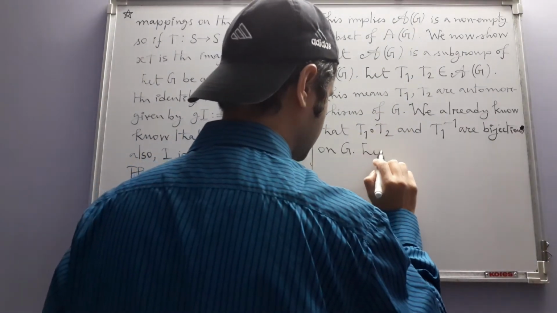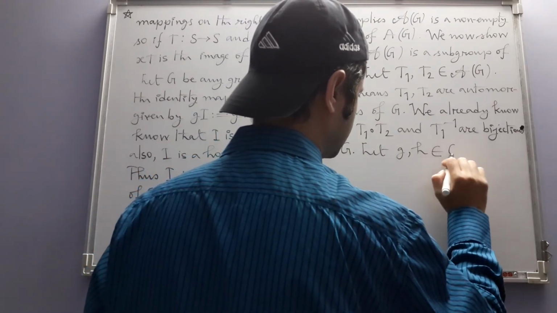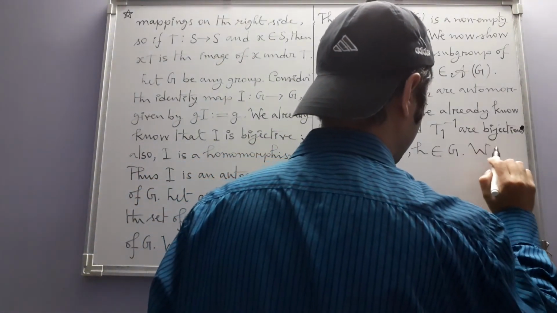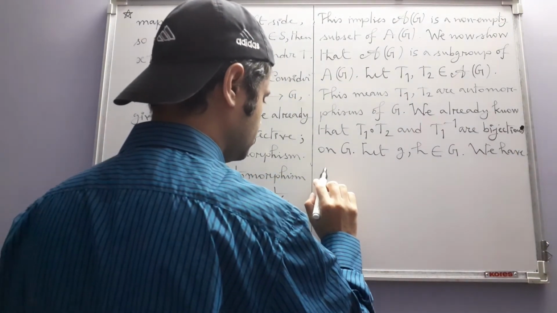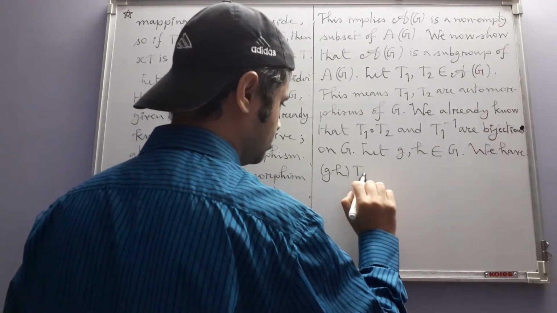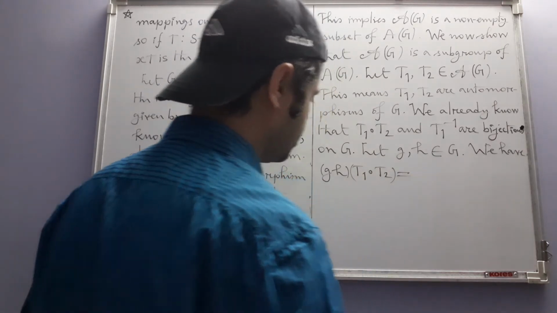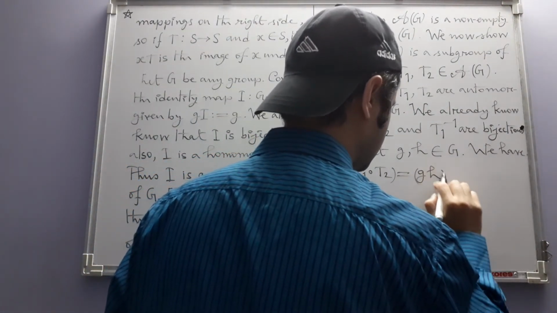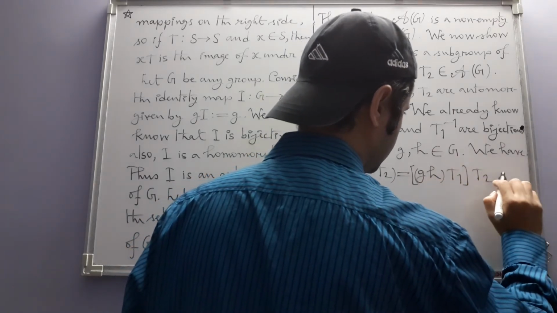So now let G and H be two elements in G. We have GH T1 composition T2 equal to, by the definition of composition, GH T1 and the T2 image of that.